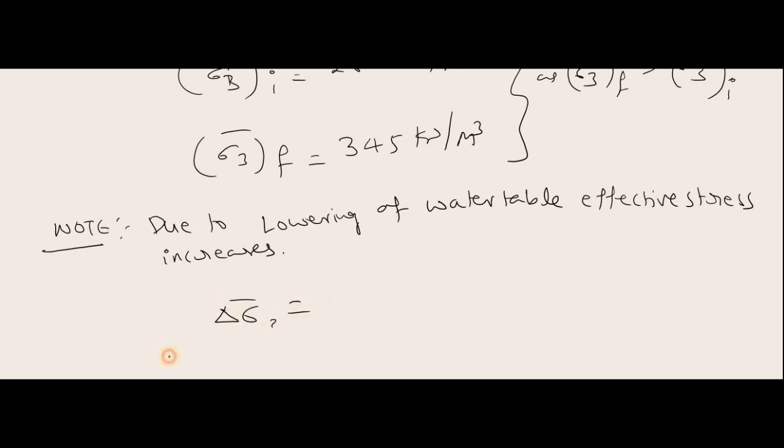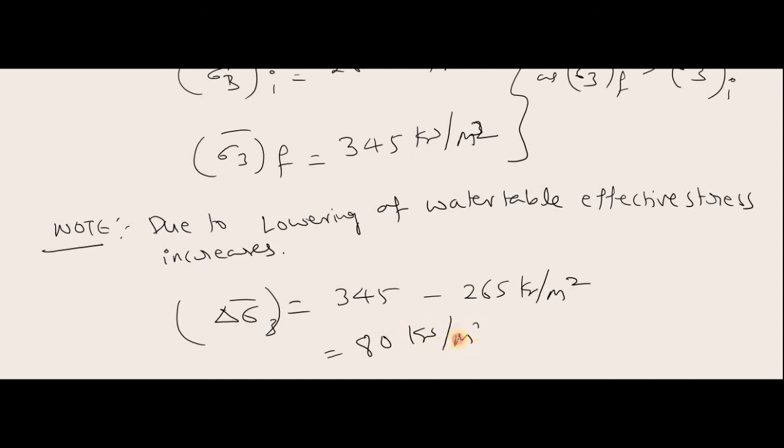Increase in effective stress at 3 equals 345, which is the final effective stress, minus 265 kilonewton per meter square, which is 80 kilonewton per meter square.